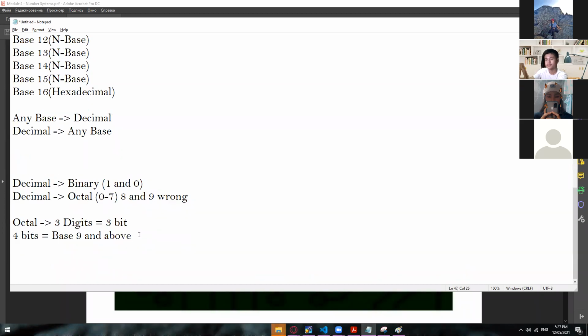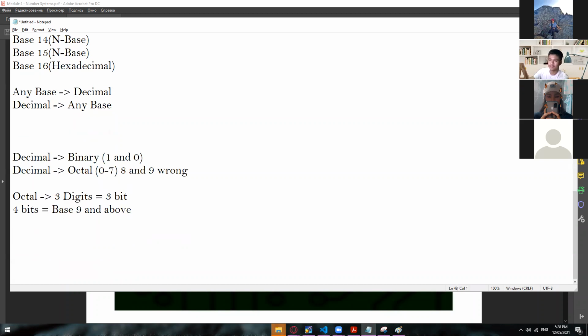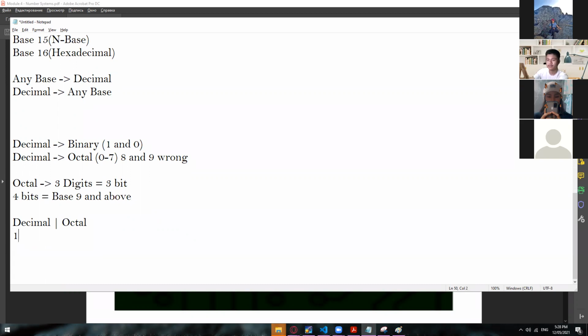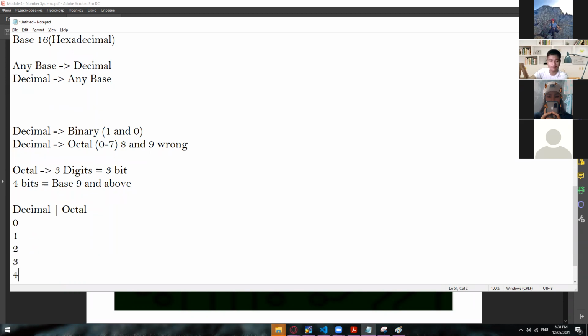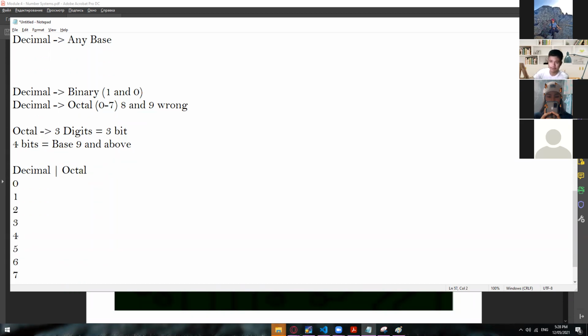Okay, so if you guys are going to take a look at this one, let's have an example. Decimal right here, and then let's have a separator, and then in here we have octal. In decimal, we have, let's say, 1, starting with 0, 1, 2, 3, 4, 5, 6, and then 7.